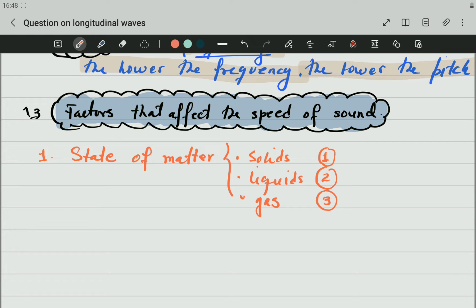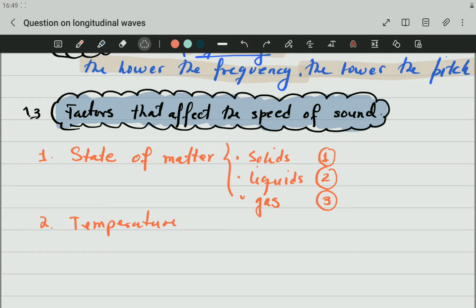Now the second factor is going to be temperature. The hotter the medium is, the faster the particles will move.